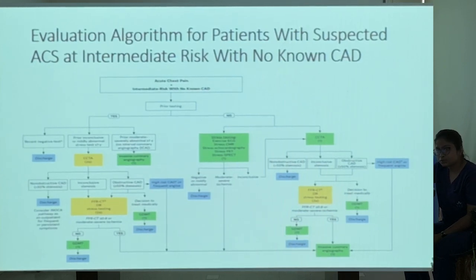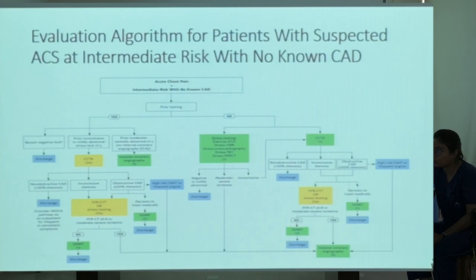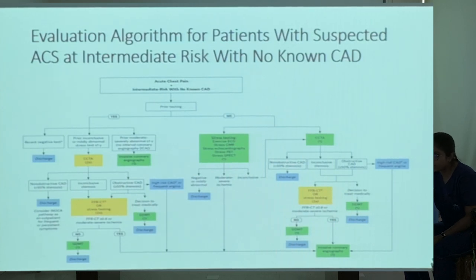So proceed. Yeah. There is an evaluation algorithm for patients with suspected ACS at intermediate risk with no known cardiovascular disease, coronary artery disease. We will first assess whether prior testing is done or not. If any prior testing was done and the recent test is negative, then we will be discharging the patient.